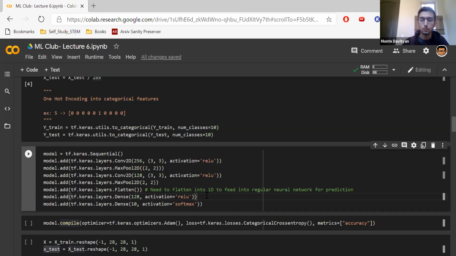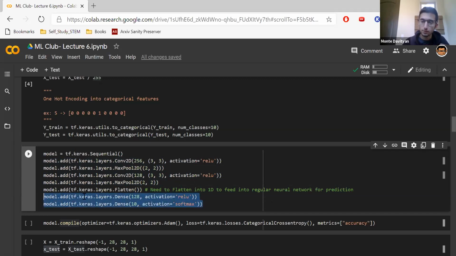Well, we need a regular neural network for that. But remember, a regular neural network can only take in one-dimensional data. What's being outputted by this convolutional layer is two-dimensional data. And so we want these next two layers to be dense layers, because we want our final layer to be a dense layer, right? We want it to have 10 outputs, or 10 different classes. But all of this is still two-dimensional data, and we wanted to feed in one-dimensional data.